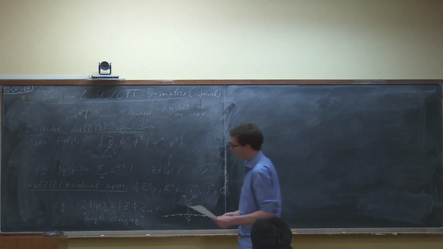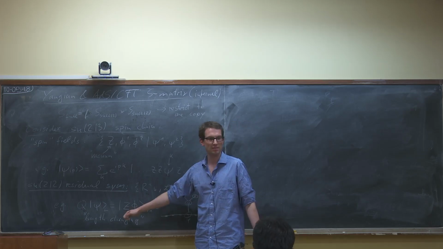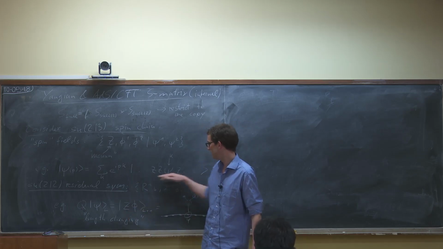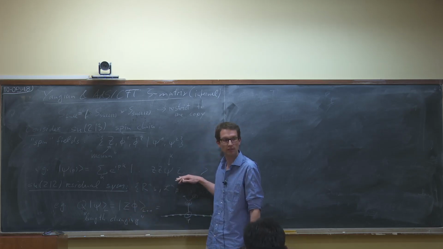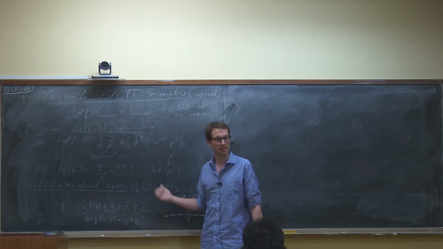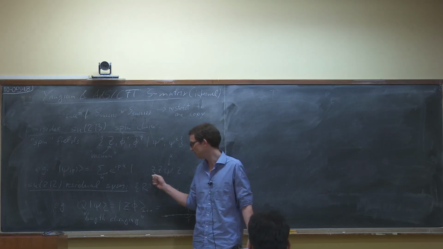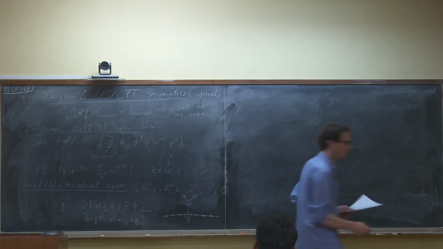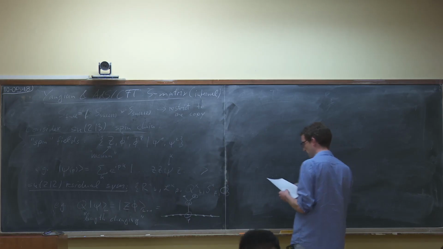Okay, and in principle, this is not a big problem if you have an asymptotic state, an excitation on an infinite spin chain. It doesn't matter if I insert an extra Z in a single particle state, because I have infinitely many anyway. Now I have infinitely many plus 1.